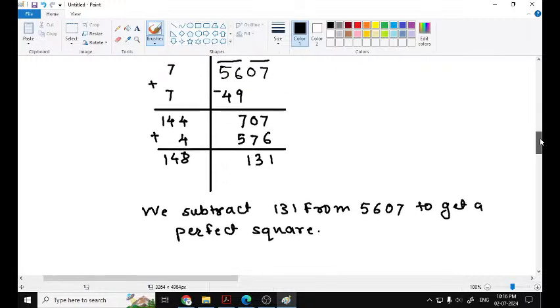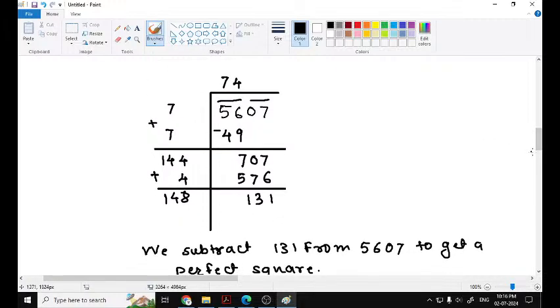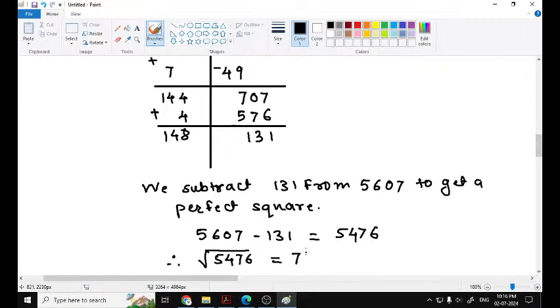After subtracting 131 from 5607, here we have 5476, and the square root of this number 5476 is our quotient, and the square root of this number is 74.